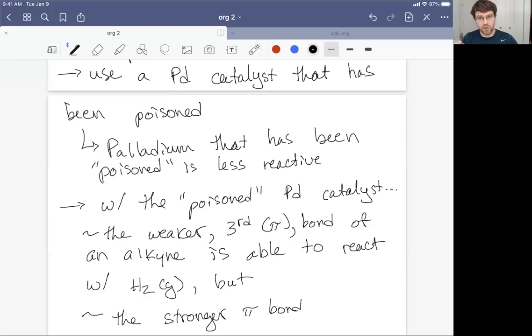I mean, the two are identical until one reacts. So both the pi bonds are pretty weak until a reaction occurs and forms an alkene. And then that remaining pi bond, if they only react one at a time, becomes stronger. The stronger pi bond cannot react.